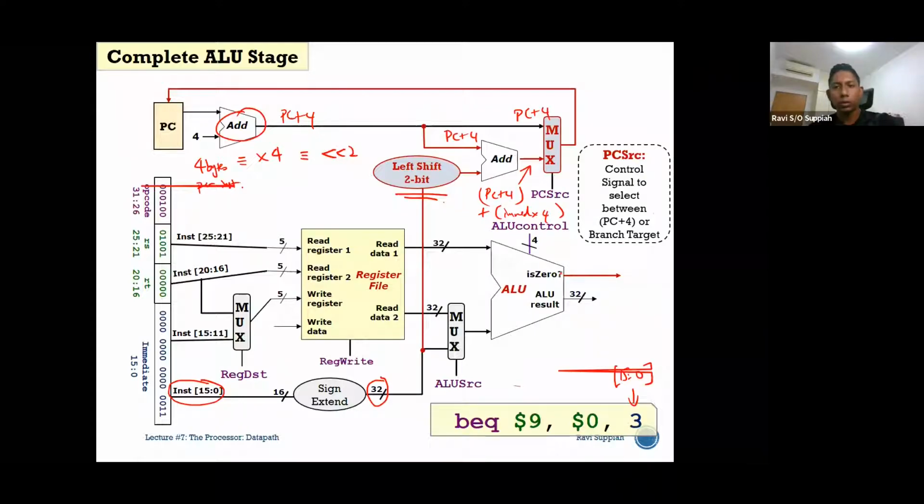You now have another control signal called PC source. This PC source will be activated to decide whether it is supposed to go to the next line or take the branch and go to a new line. So this is the additional piece of hardware that helps us always calculate this address that we are potentially going to jump to if the branch is taken.